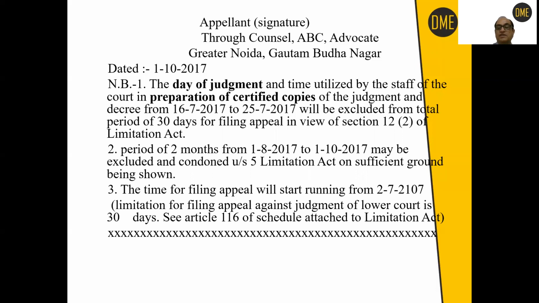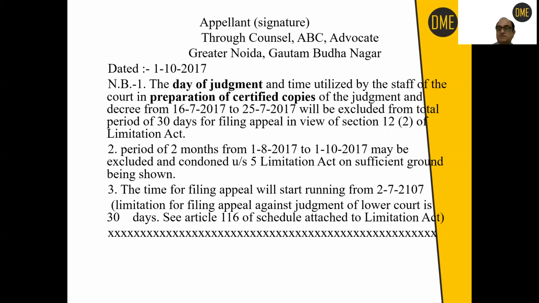So this is how, dear students, the application under Section 5 of Limitation Act is to be drafted. To summarize that, this drafting incorporates few concepts of Limitation Act, which I told you in the earlier part of this lecture, that the Limitation Act is always applicable against the plaintiff only, and Limitation Act bars the remedy but not the right.